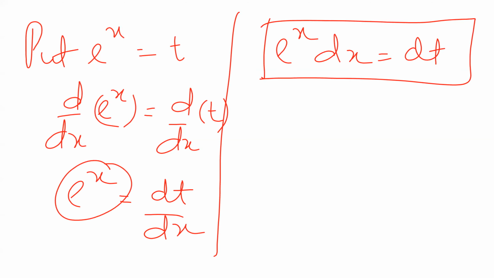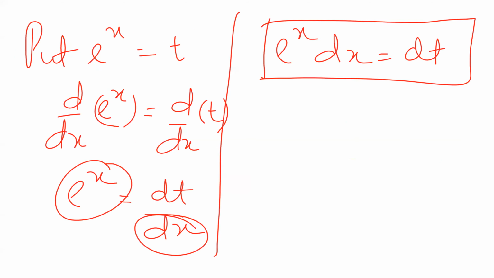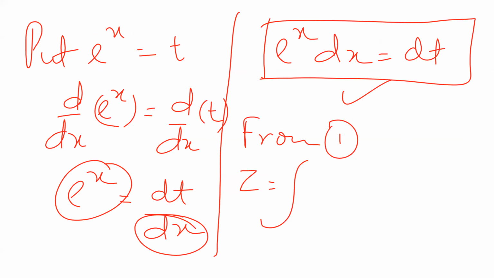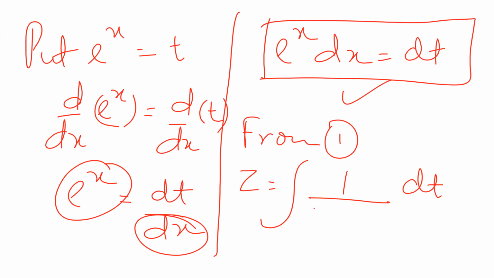Why am I grouping e raised to x dx? Because it's there in the numerator of the problem. So from 1, e raised to x dx will become dt, and this is 1 upon 4t square minus 1.